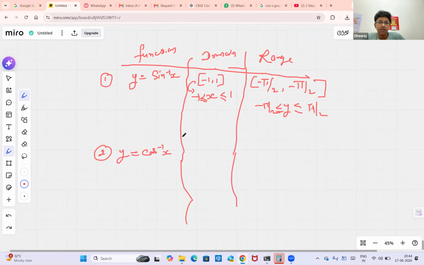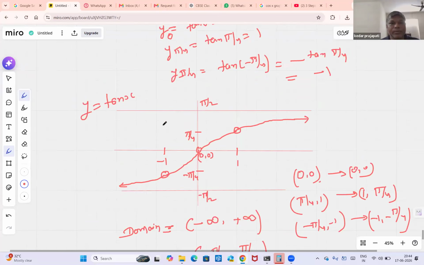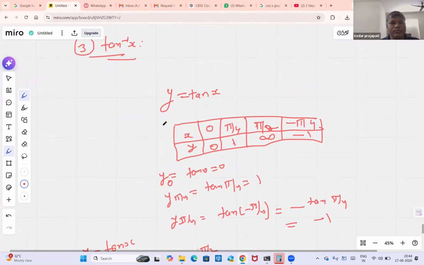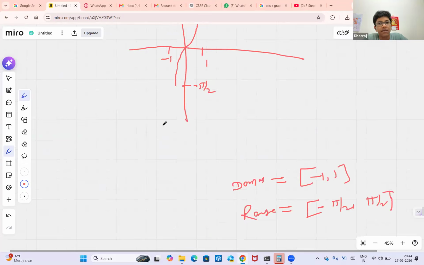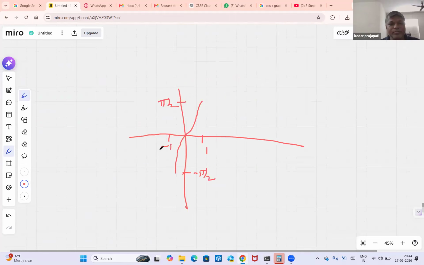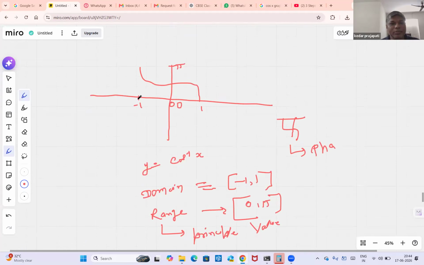The graph we draw is from minus 1 to 1. The range is 0 to pi.